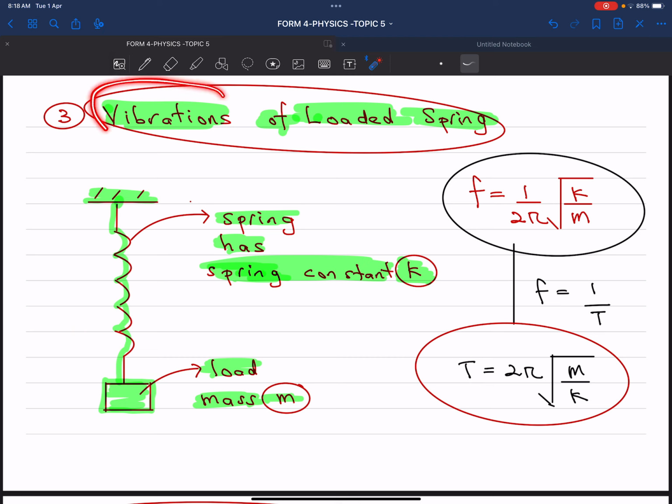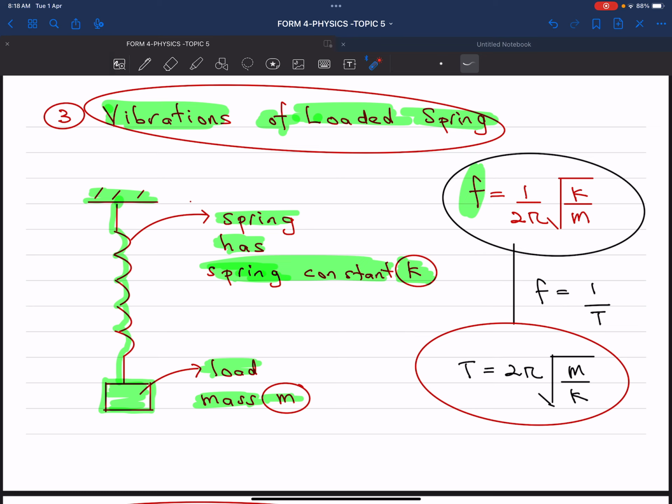Anything that is vibration, of course, must have frequency. We already learned in the previous lesson that frequency is the number of oscillations per unit time, meaning per 1 second.